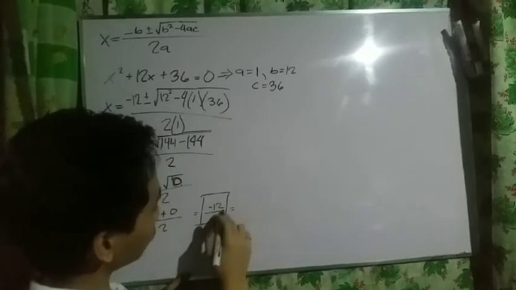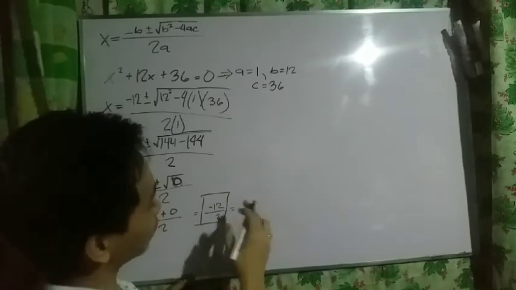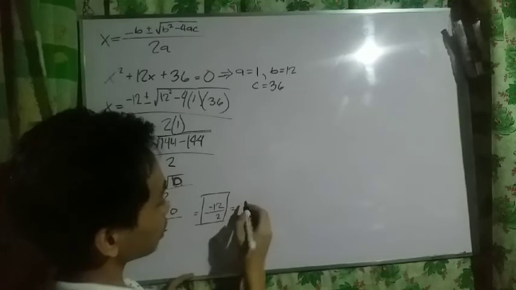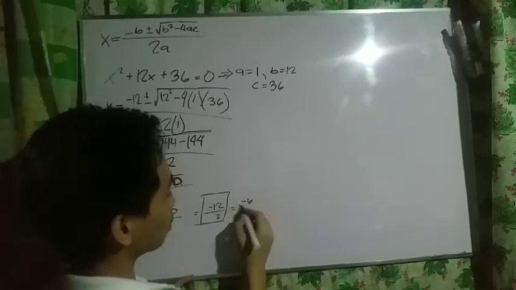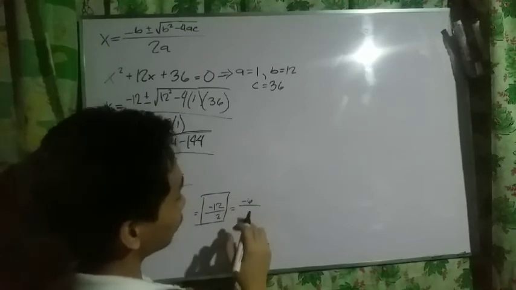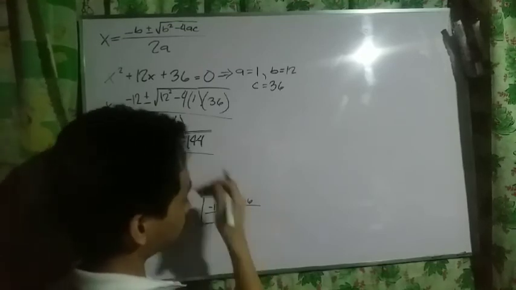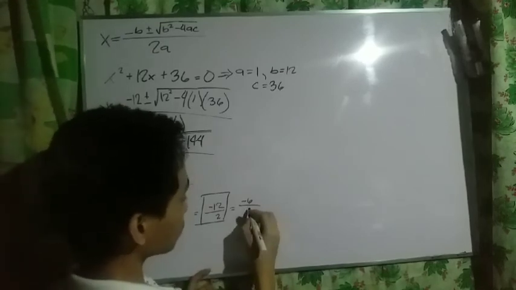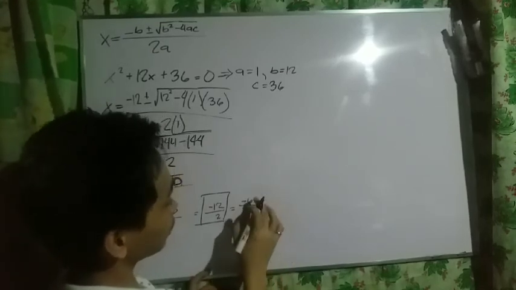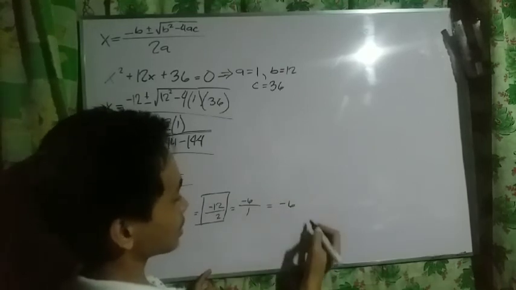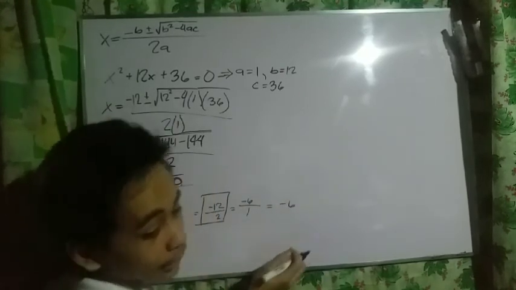So negative 12 divided by 2, because they are divisible by 2, is negative 6, over 2 divided by 2 is 1. So instead of writing this fraction, you need to simplify it to negative 6 only.